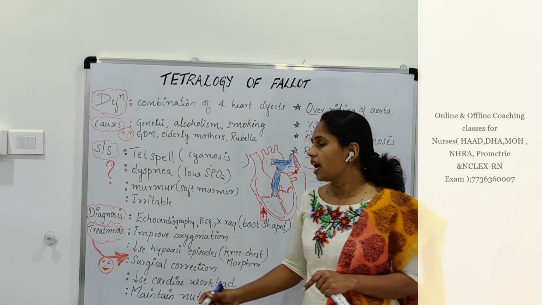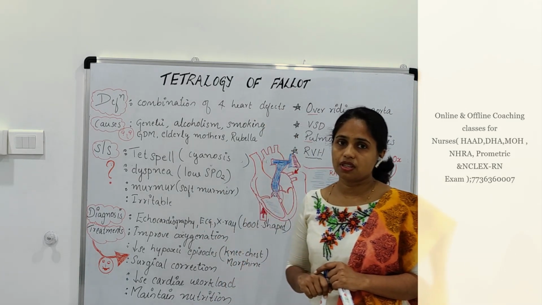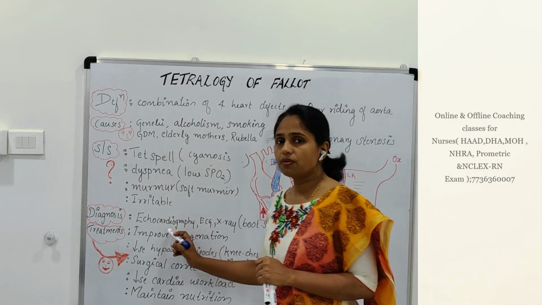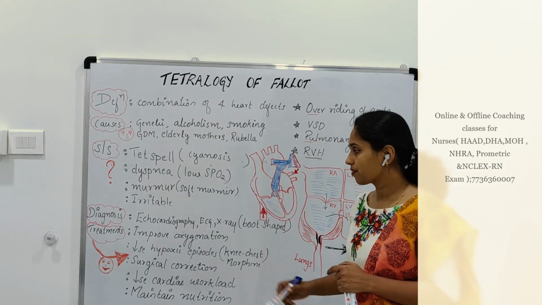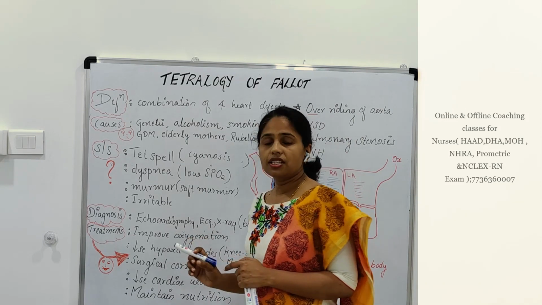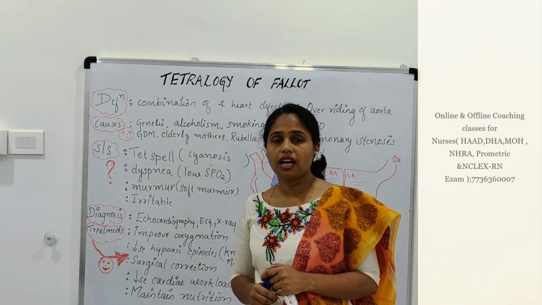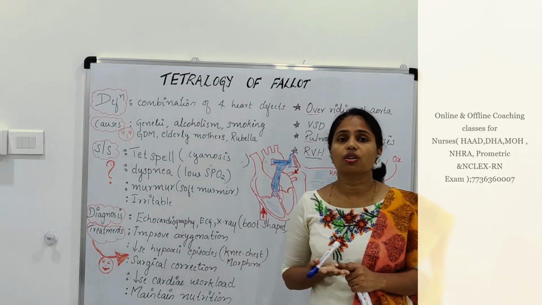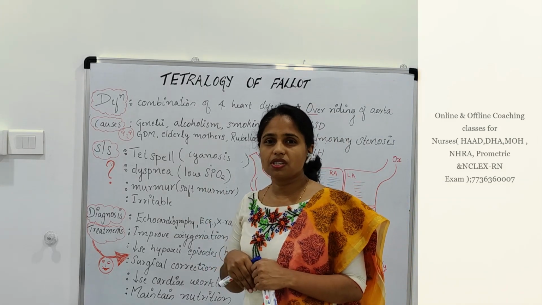Fine. And next we will discuss the diagnosis. How do we confirm the diagnosis? 2D echo, echocardiography, ECG, and X-ray. ECG, periodical assessment is important, and right ventricular hypertrophy always causes a tall R wave and a very deep S wave.